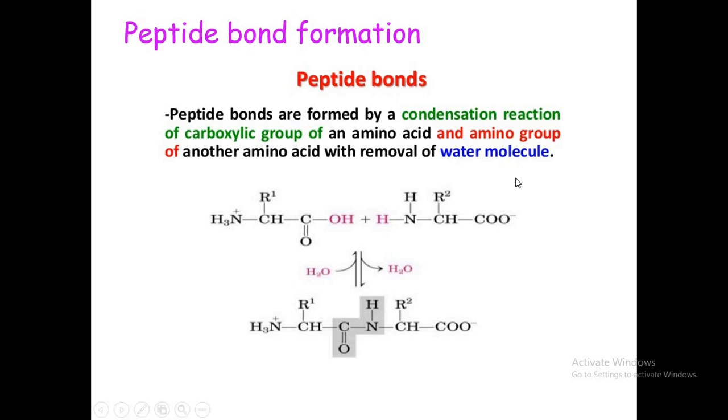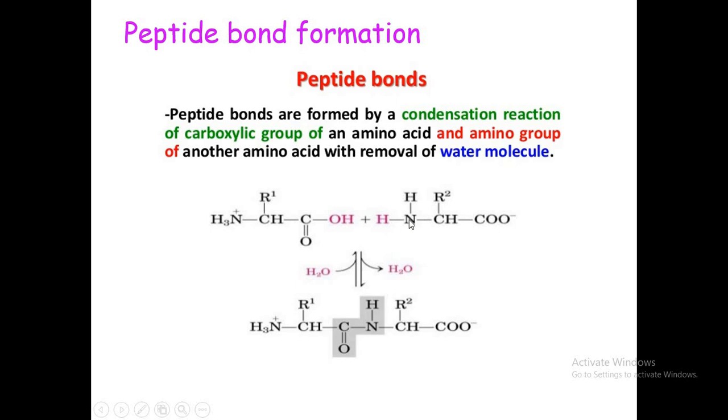Here we have two amino acids. Just take a glimpse: you have a carboxylic group, and here you have the alpha carbon atom that is attached with hydrogen, with another R group, and with the amino group. So this is one amino acid, and this is the second amino acid. How do amino acids join together and form a polypeptide chain and then protein?